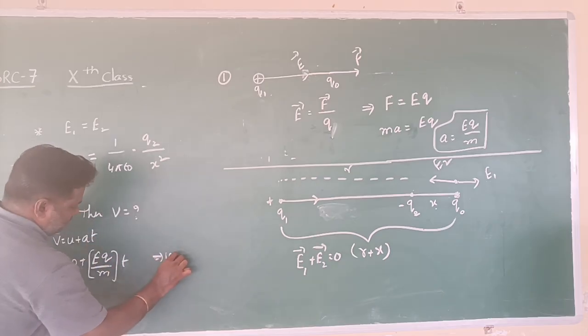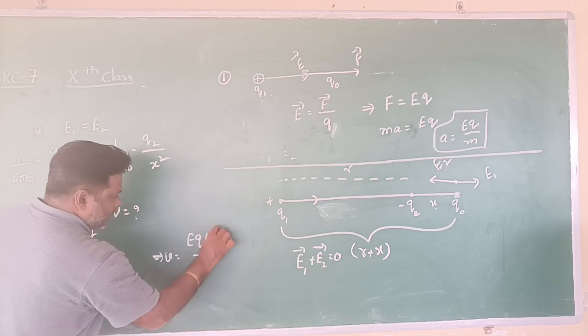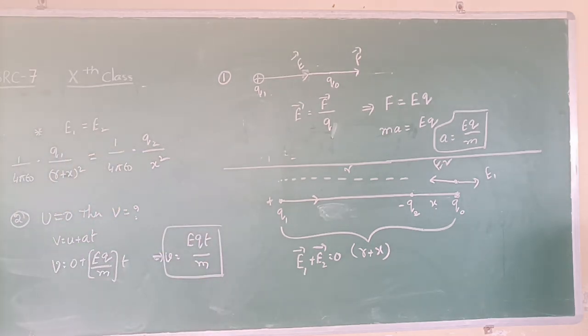So v is equal to eqt by m. So this is the velocity of a charged particle. We got the acceleration and we got the velocity of the charged particle. With the help of these two, you can calculate the distance also. s is equal to ut plus half at square.